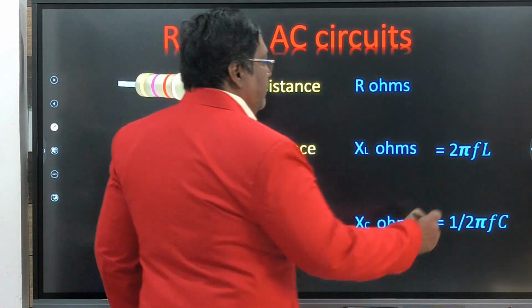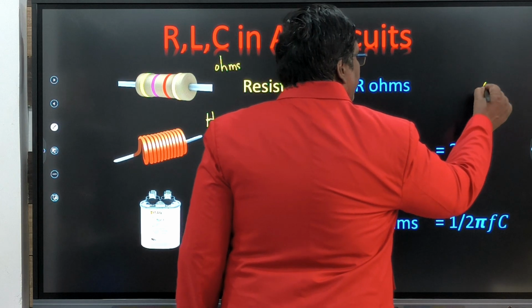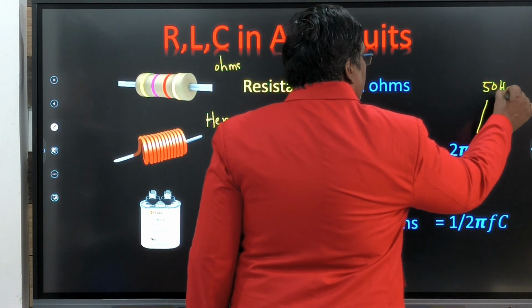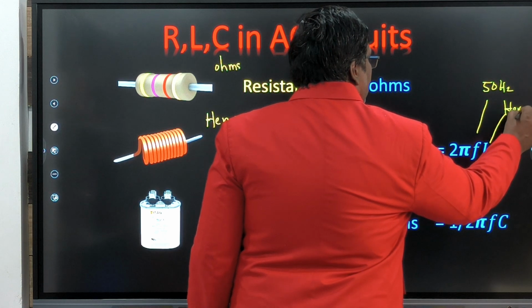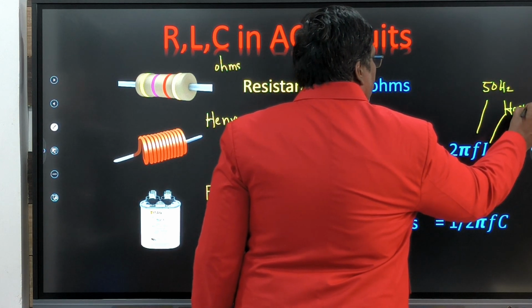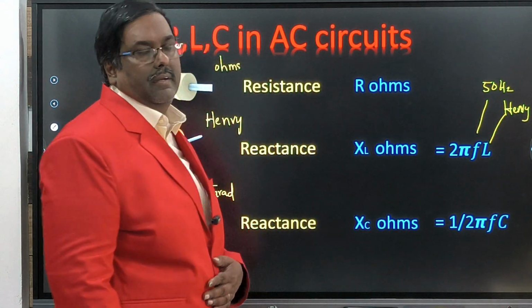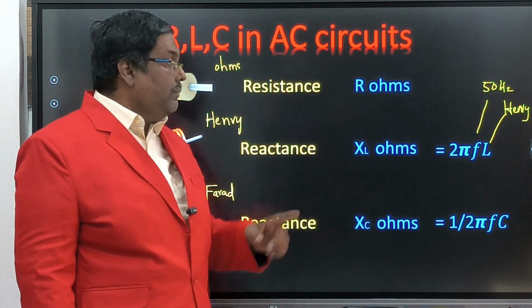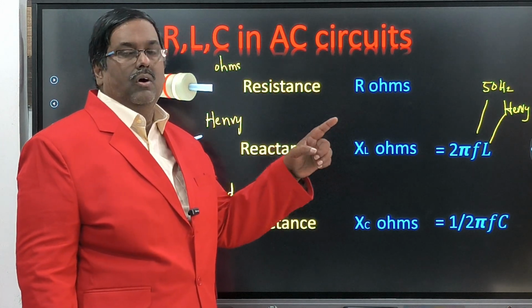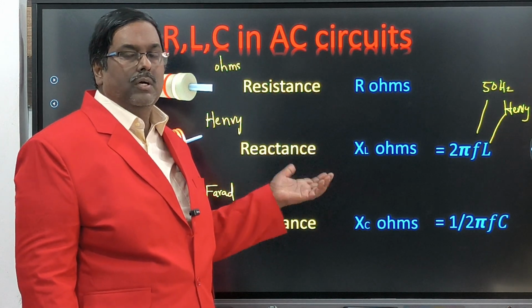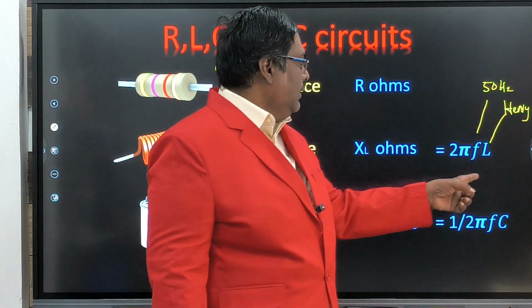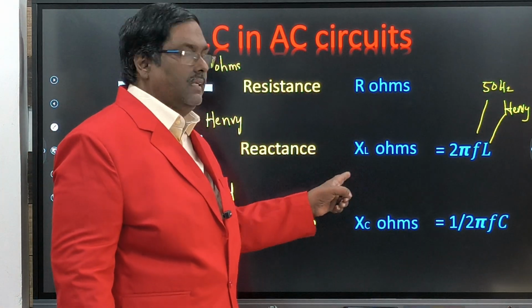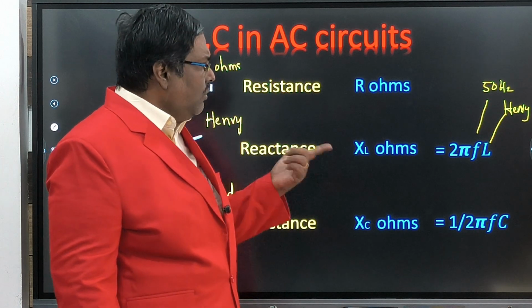Our frequency is 50 Hertz. L is the Henry. You have to be very careful. It should be in Henry, not in a smaller or bigger unit. If you multiply this, you will get XL.